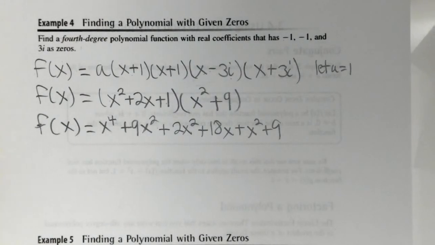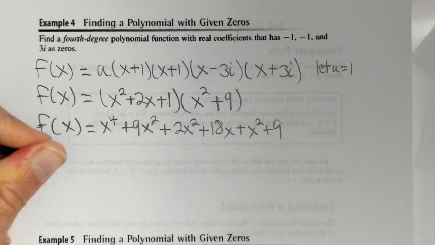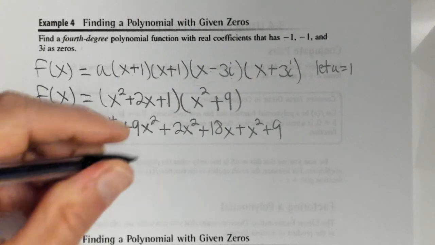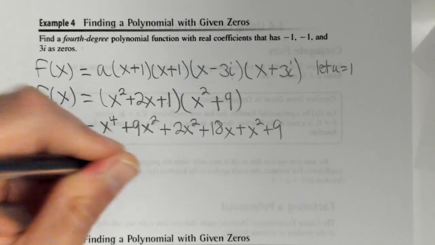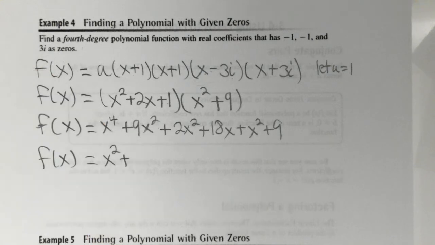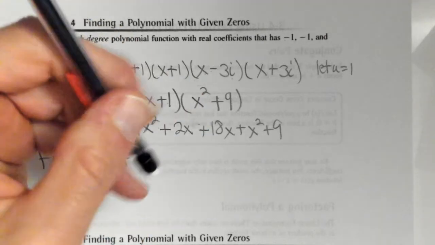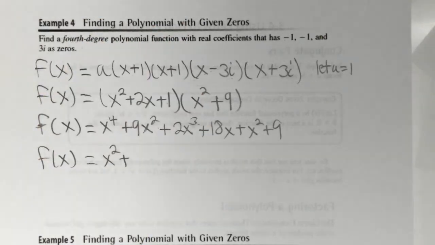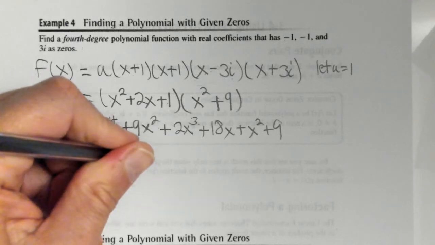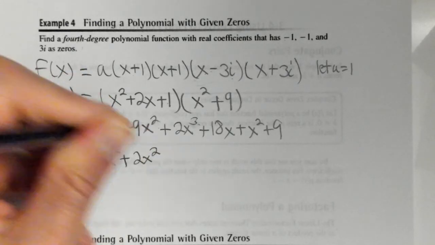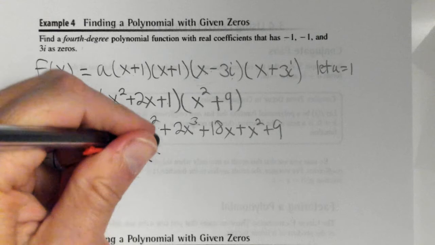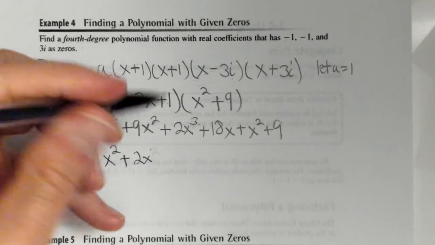Alright, we can simplify that a little bit more. f of x equals x to the fourth plus, let me see here, I made another mistake up here somewhere. It's supposed to be x to the third. Plus 2x to the third. Whoops, I might have said third and wrote squared. It's late at night, guys.